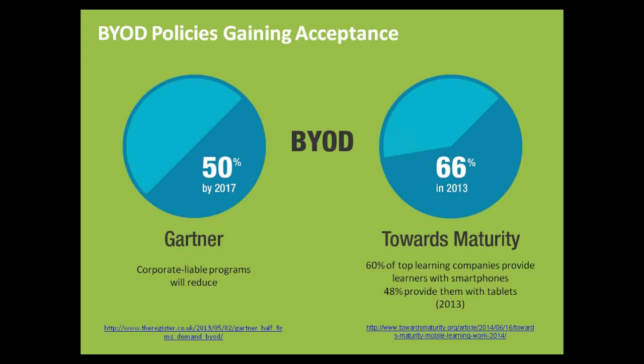However, in Towards Maturity's Mobile Learning at Work study, they found that 60% of top learning companies provided learners with smartphones, and 48% of them provided them with tablets. So there's maybe a slight difference here, because it seemed like there were corporate liable programs in place then. So whether that decreases or not remains to be seen. But BYOD seems to be on the increase.